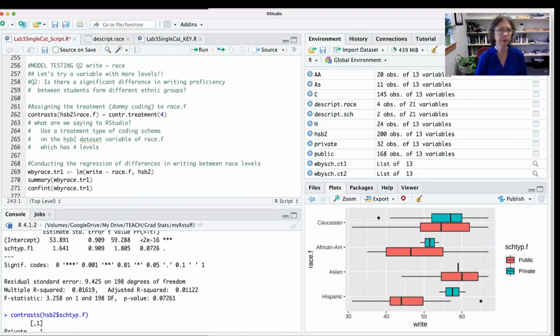Again, first thing we want to do is tell R to assign the treatment coding to the race.f variable. We're saying use the treatment coding schema on this data set, this variable, and there are 4 levels in it.